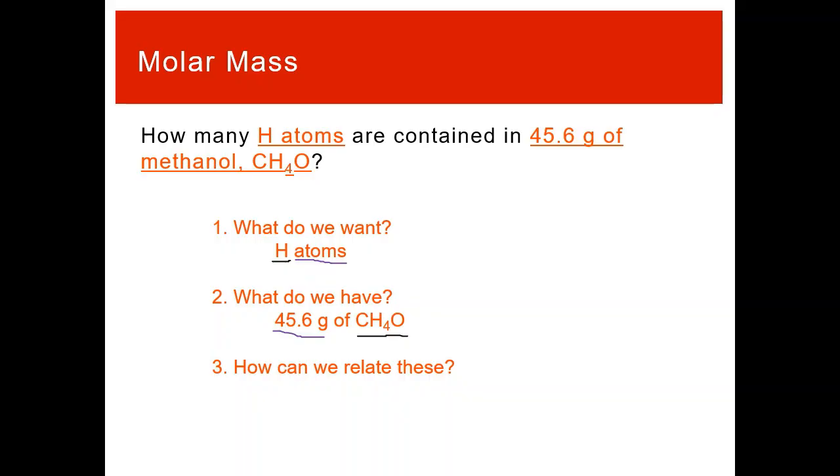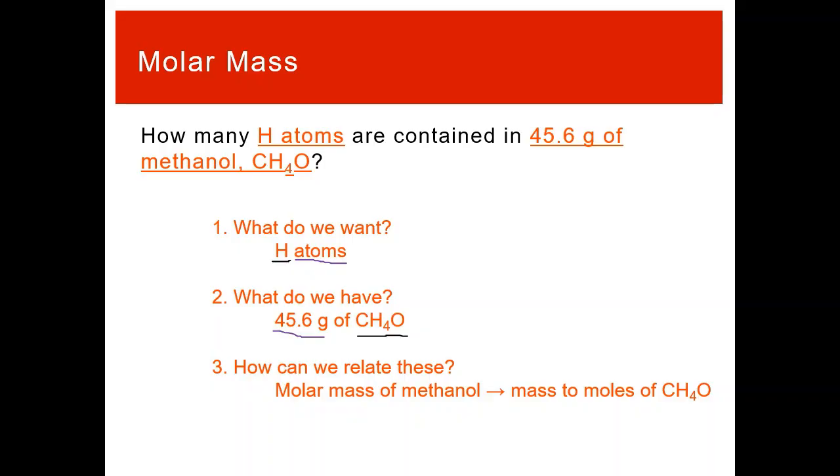There is no direct conversion from grams to individual atoms. So we're going to need to take a stop off through moles. Whenever you have grams, you're always going to want to turn it into moles. In fact, if ever you have an amount in grams, you really can't relate that to anything else. Molecular formula, Avogadro's number, all these things only work in counting units. The best idea is always going to be calculate a molar mass, convert from grams to moles.